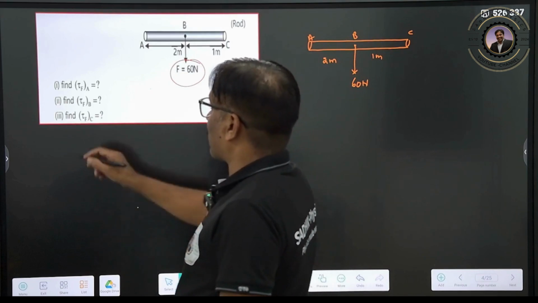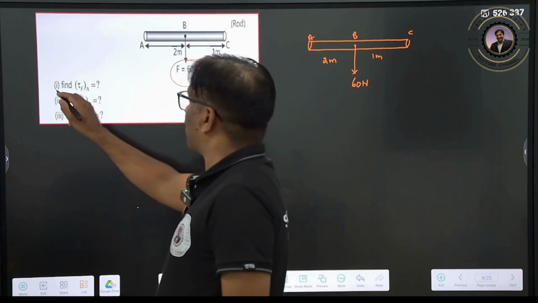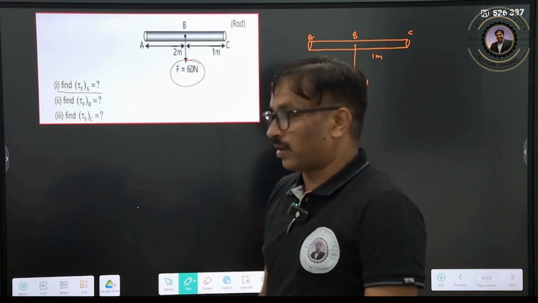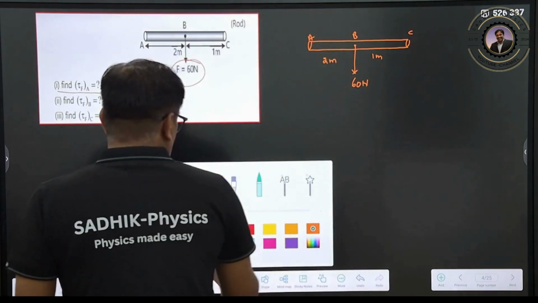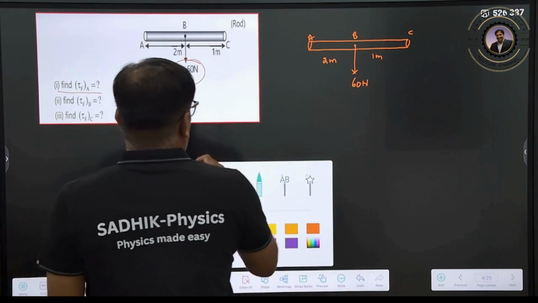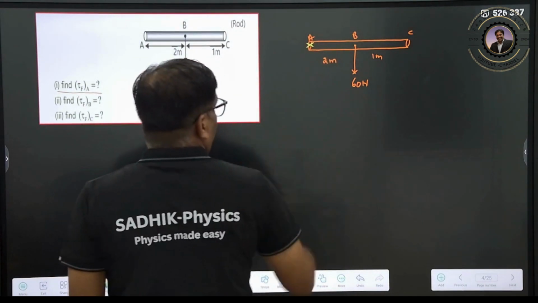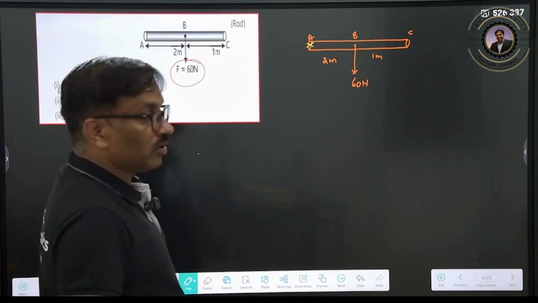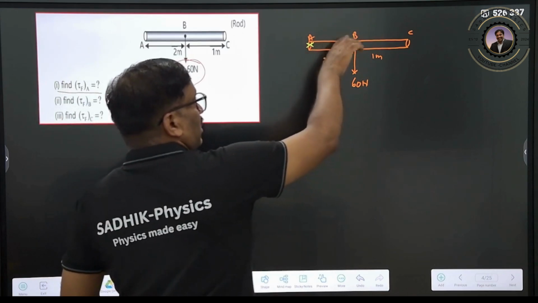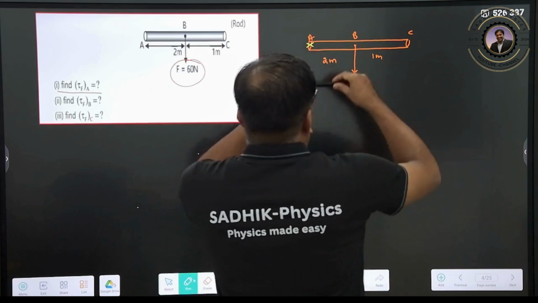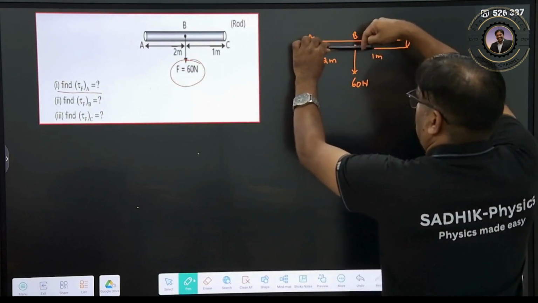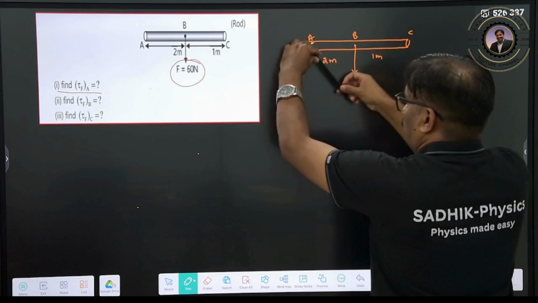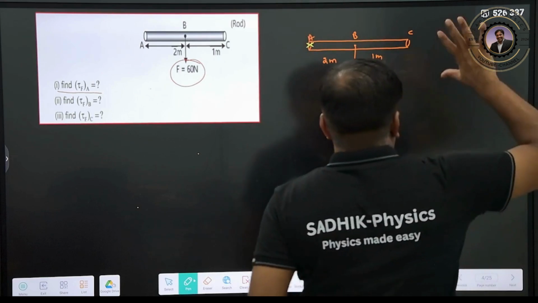Now we want to calculate the torque due to this force at point A, very important. This force is acting here and makes the object rotate like this. Clear? You have to use the right hand thumb rule.